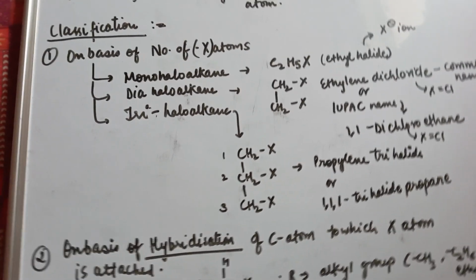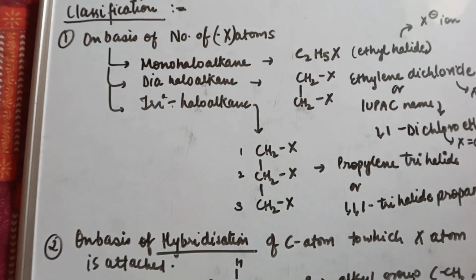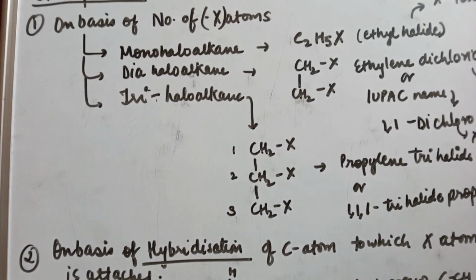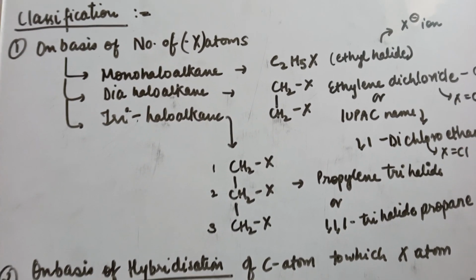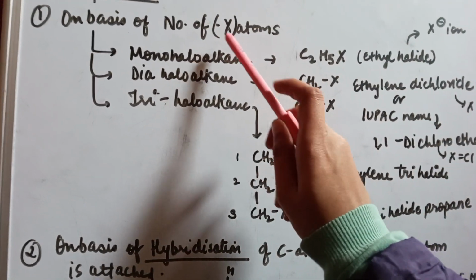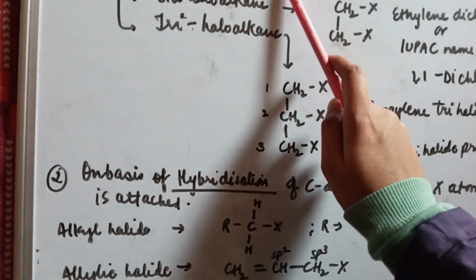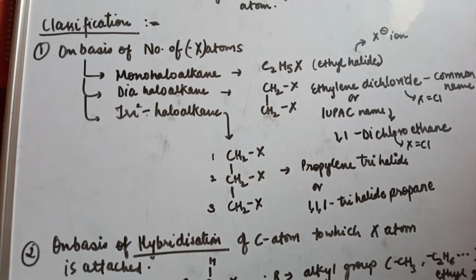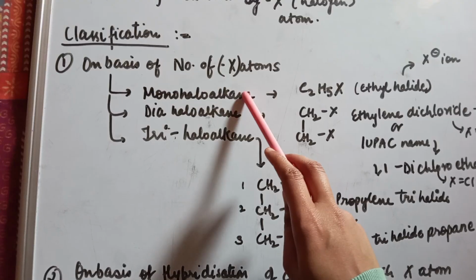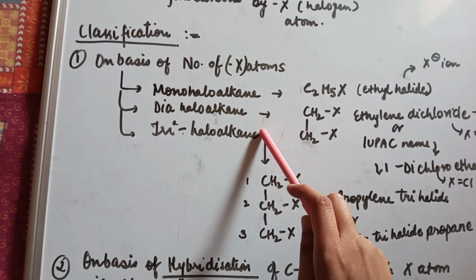Moving further, we have the classifications of these haloalkanes and haloarenes. The very first classification is done on the basis of the number of X atoms, that is halogen atoms, present in a compound. Broadly we are covering these three only: monohaloalkanes, dihaloalkanes and trihaloalkanes.